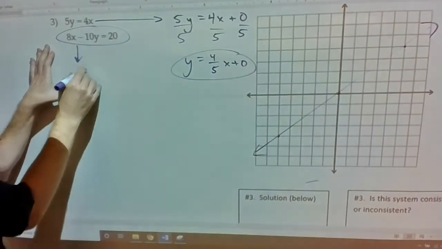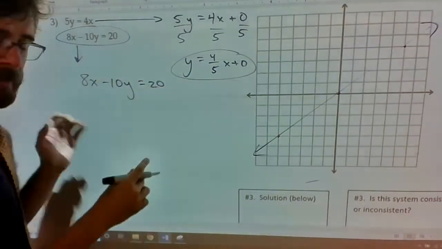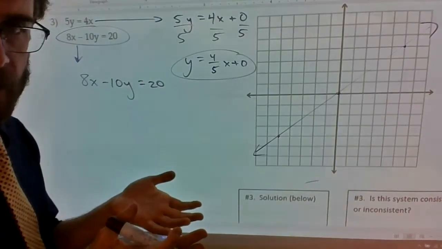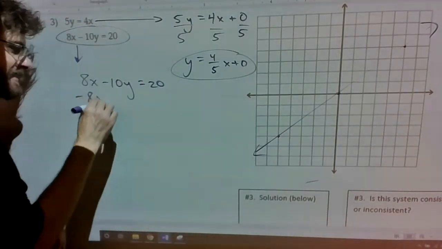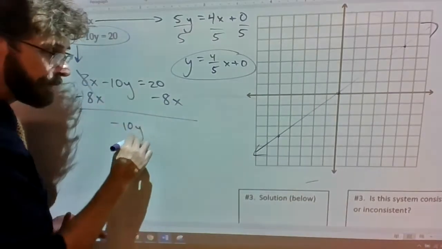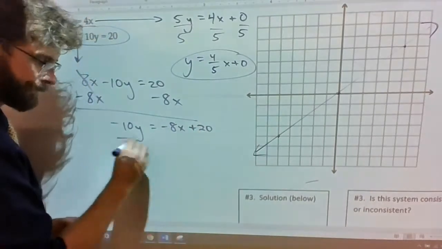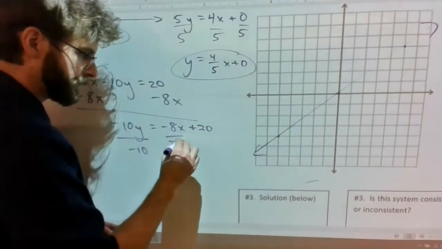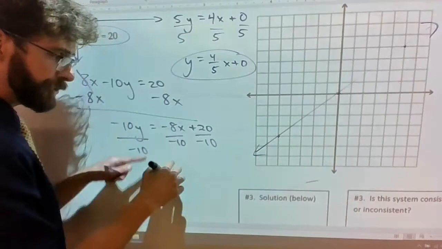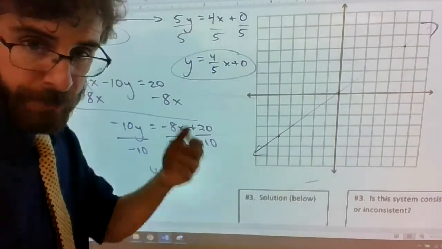If I do the same thing by getting y by itself over here, again, pause it if you want to try it on your own, and then unpause it. Minus 8x from both sides because it's positive, then divide by negative 10. Now, I can reduce this fraction. If you want a shortcut, just plug it into your calculator and it'll probably reduce it for you.